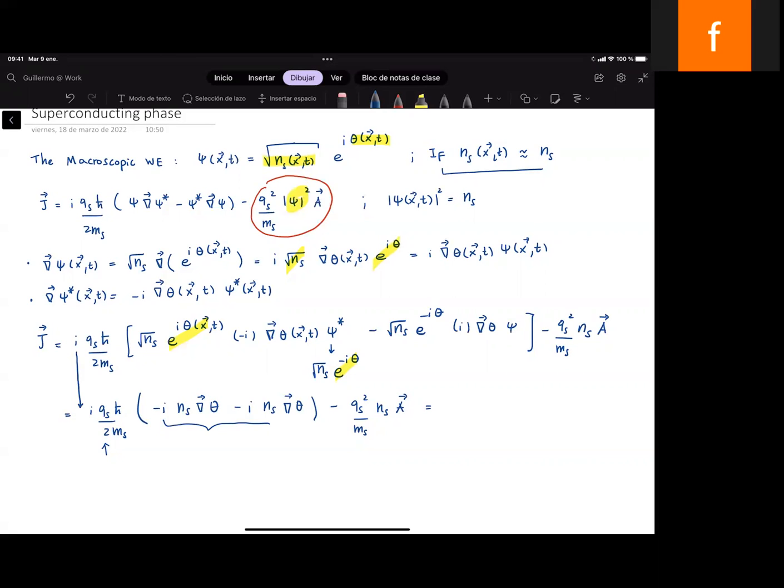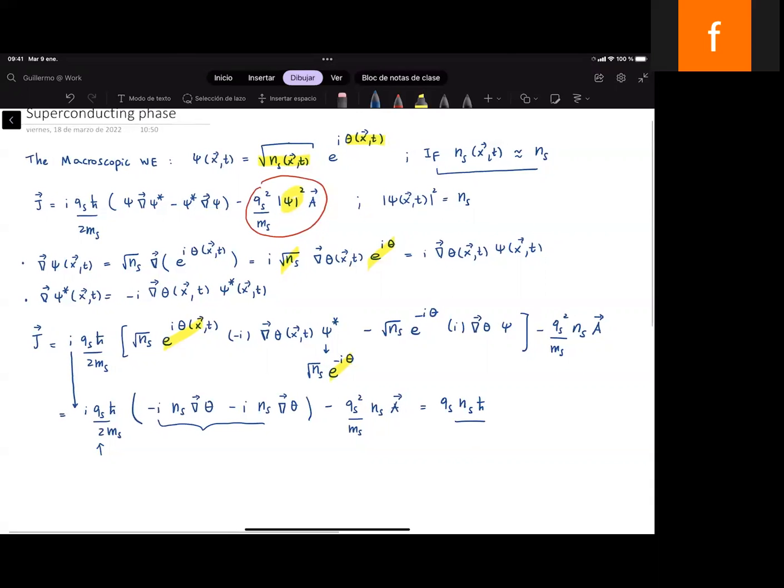So we have q_s n_s h bar over m_s, and here we have the gradient of theta, minus q_s squared n_s over m_s times the vector potential.